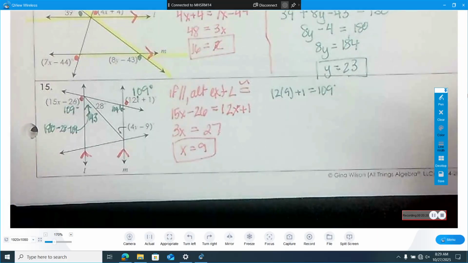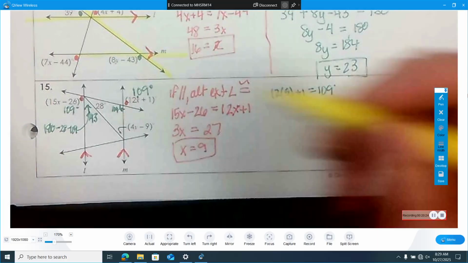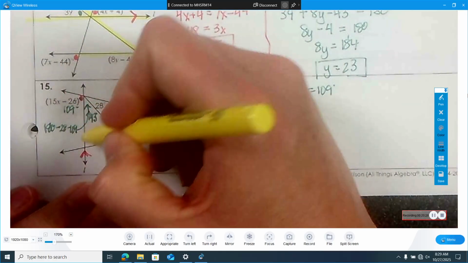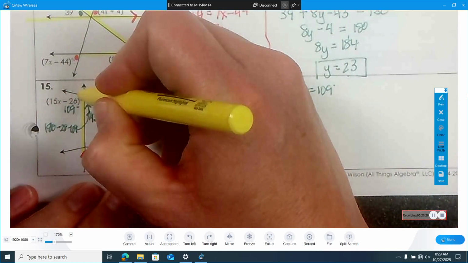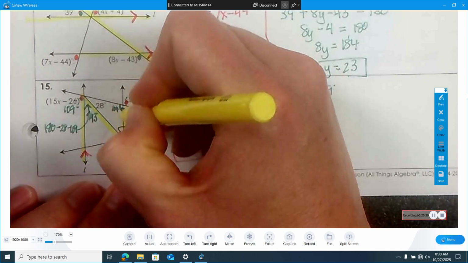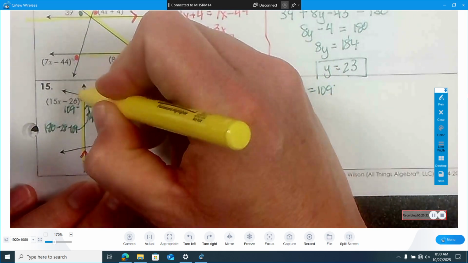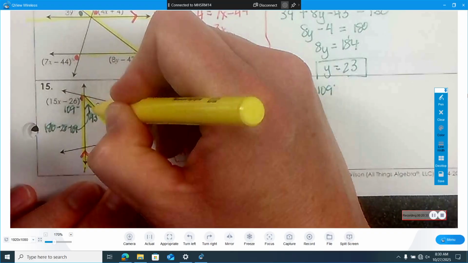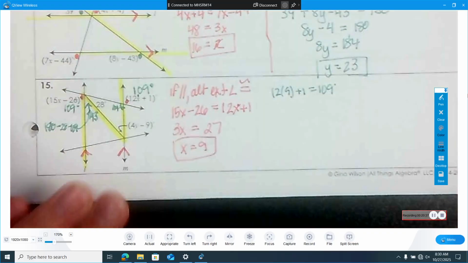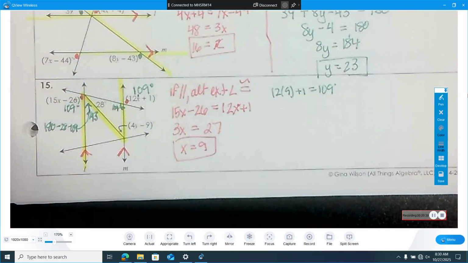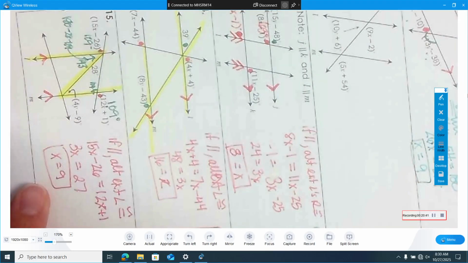So the reason I'm doing this is because she's using something that I don't know that we've talked about. You might know, but we haven't actually talked about it, so we're getting there a different way. Look at what I'm doing here. Parallel line, transversal, parallel line. It's kind of like a Z shape.